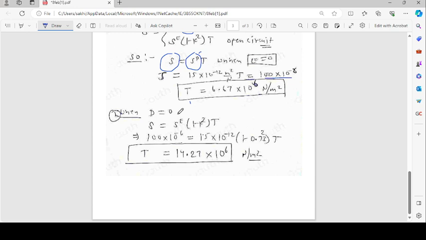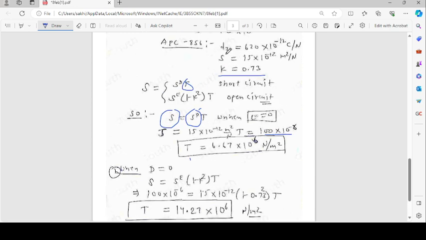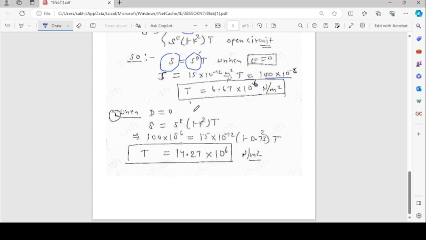So we have the k value, we have the S value, we plug these values into this formula, and we have the strain value of 100 microstrain. Then we can easily calculate T, right? Divide this quantity by this, and we get 14.27 multiplied by 10 to the power 6 newton per meter square.